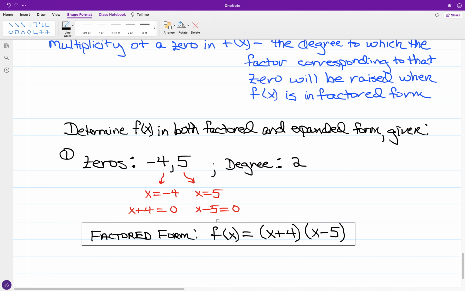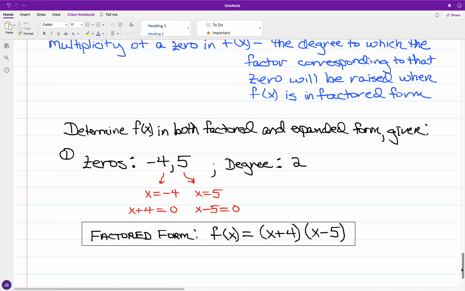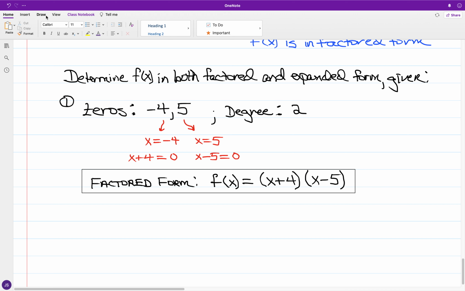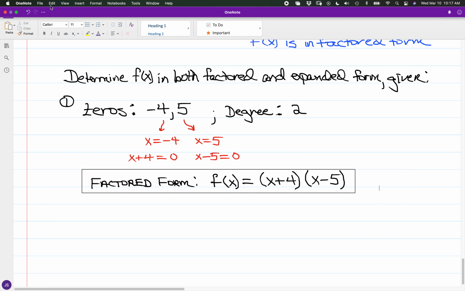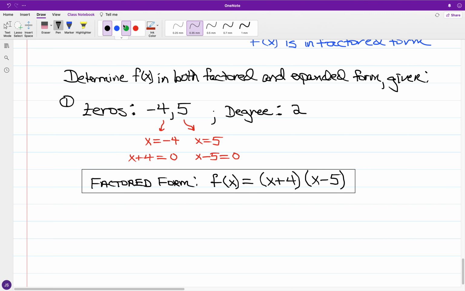Now, what I mean by expanded form: if I take what I have here, x plus 4 times x minus 5, and I look at taking the FOIL, you have x times x is x squared.